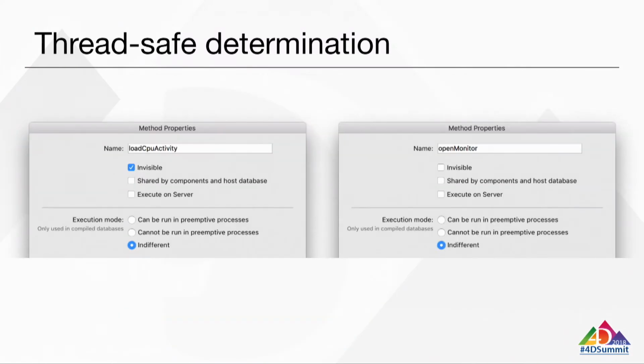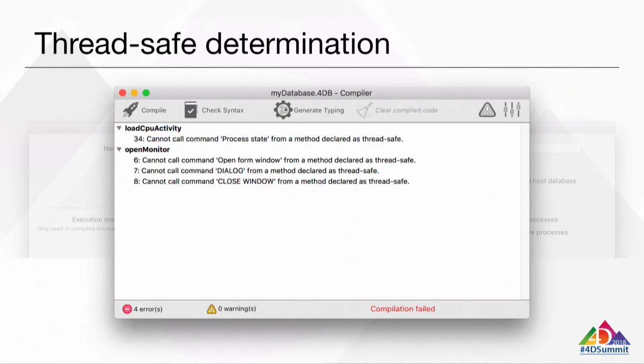Now, let's go back. If we force it to use the first option, which is to tell 4D that, hey, I want to execute this method in preemptive mode. And then you go ahead and do the compilation. Now you get an error that tells you that there's a problem there. It also tells you which line you need to address the issue.